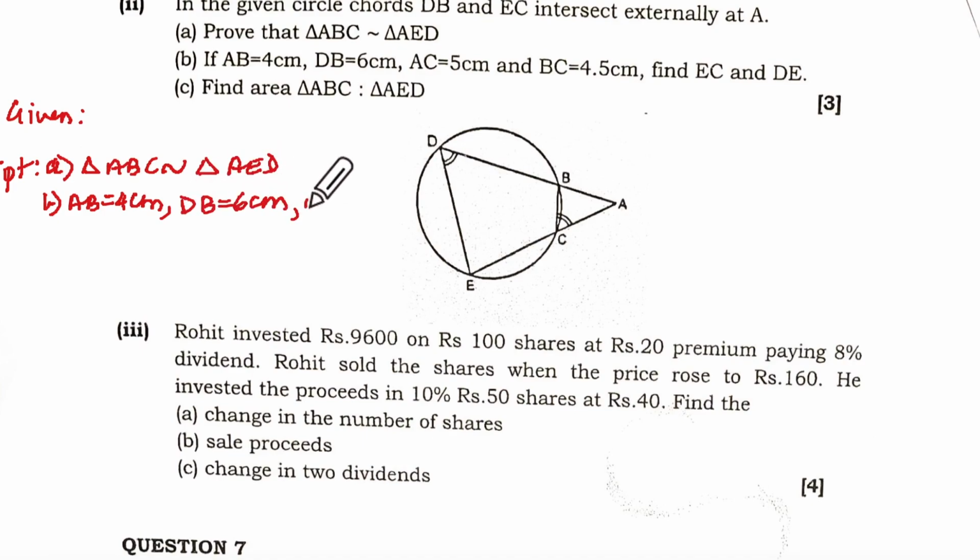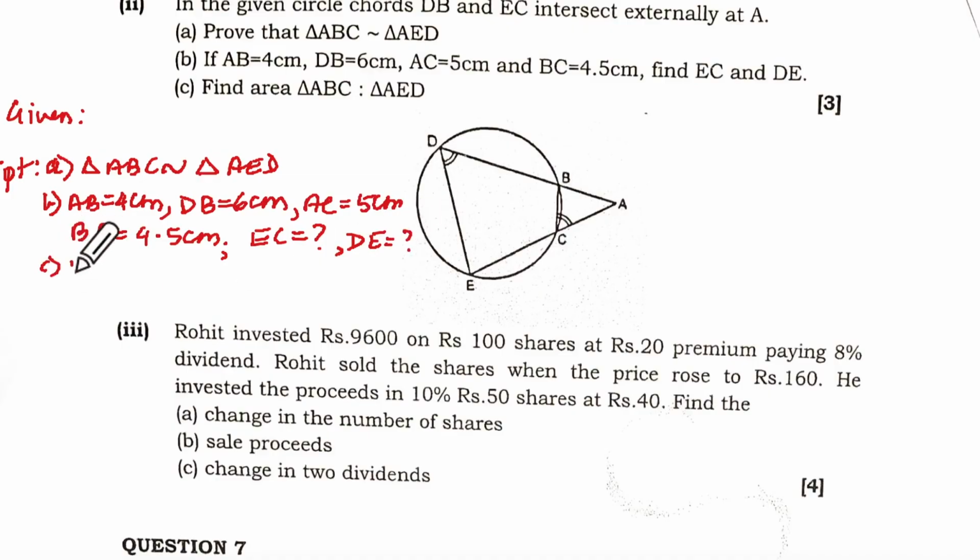Please write that. AC equal to 5 centimeter and BC equal to 4.5 centimeter, and put semicolon and say EC equal to question mark and DE equal to question mark, and the C part, area of triangle ABC to triangle AED.